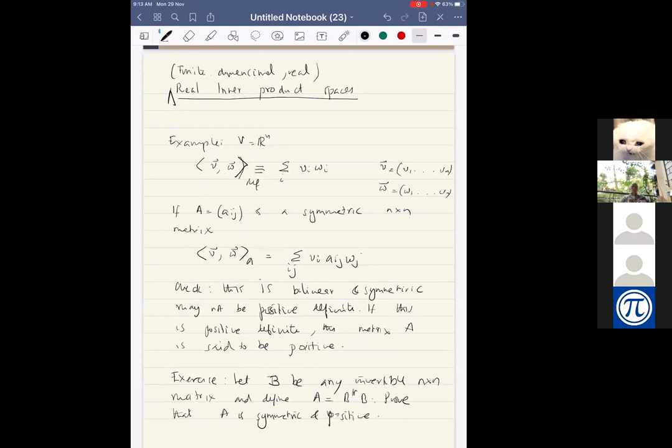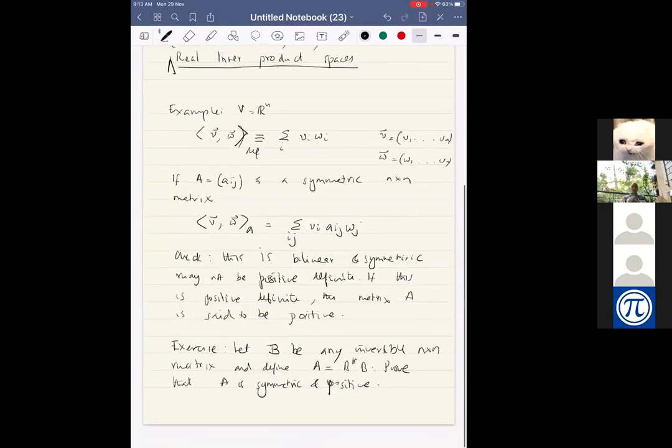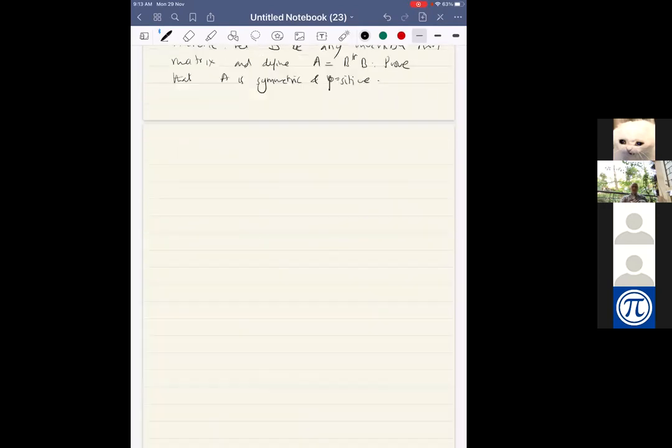So you see there are lots of inner products even on R^n. So with that out of the way, let us see.